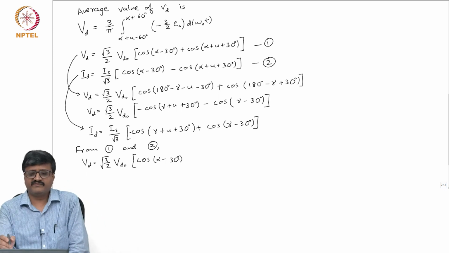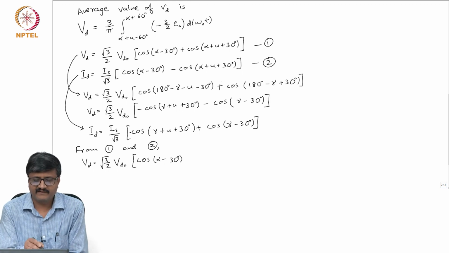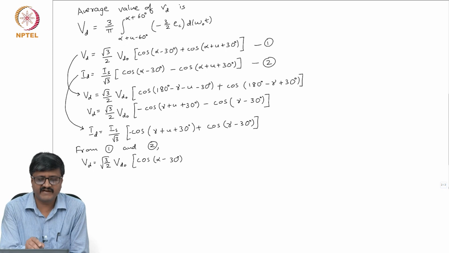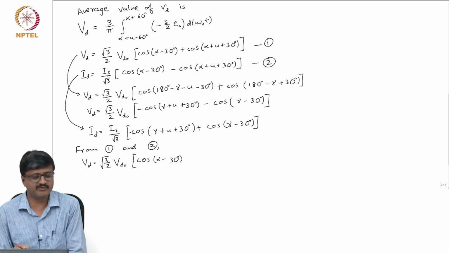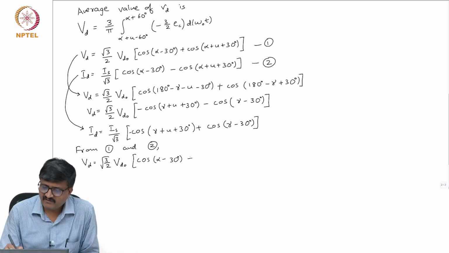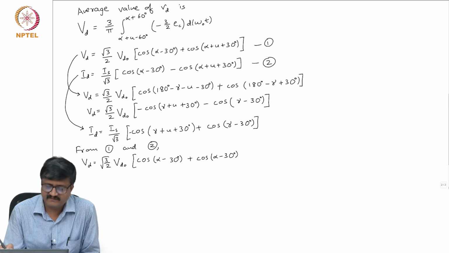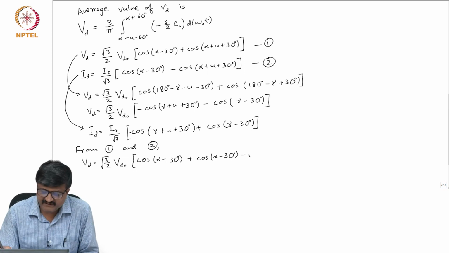Now, what I do is, I replace this cos alpha plus u plus 30 by an expression involving Id and Is and alpha from equation 2. So, from equation 2, I get cos alpha plus u plus 30 as cos alpha minus 30 degrees minus root 3 Id by Is.